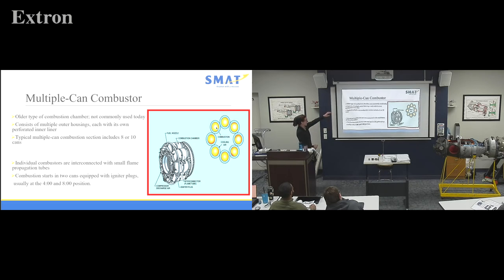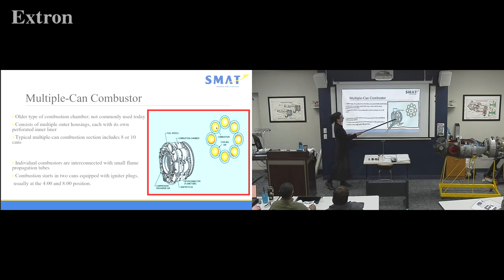So multiple can combustors. They were used in older aircraft, older engines. It is an older type of combustion chamber, not commonly in use today. And again, it consists of multiple inner housings.